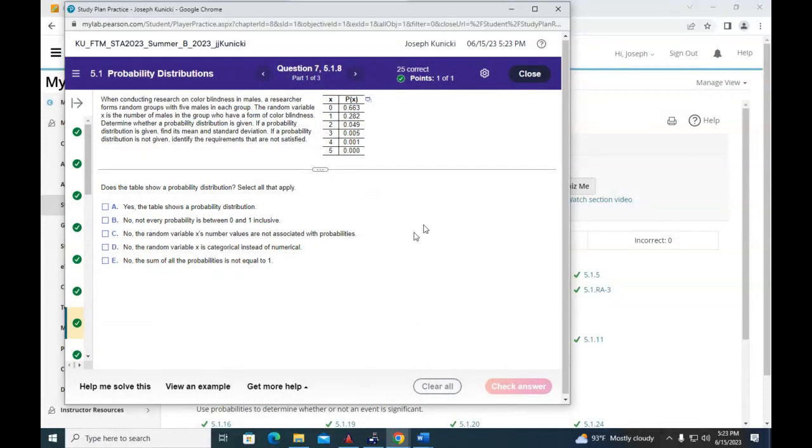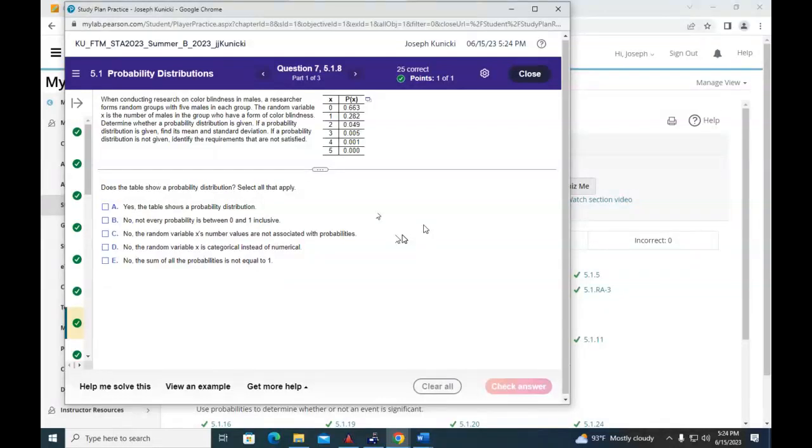Number 8. When conducting research on color blindness in males, the researcher forms random groups with 5 males in each group. The random variable is the number of males in the group who have a form of color blindness. Determine whether the probability distribution is given. Is it a valid probability distribution? Well, they're numerical because you're counting.